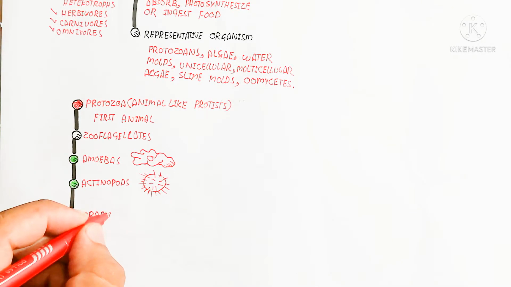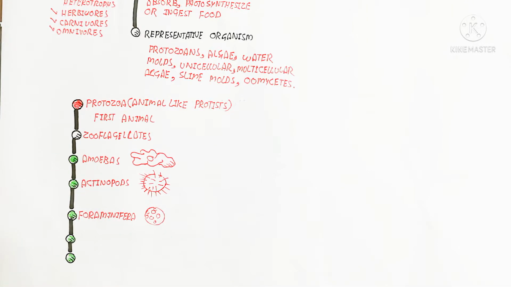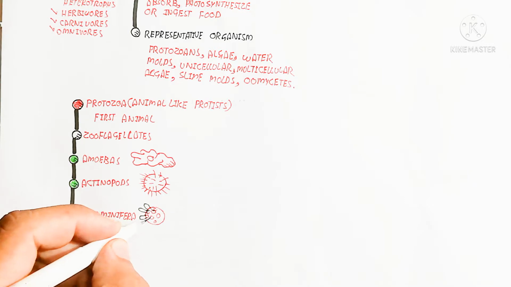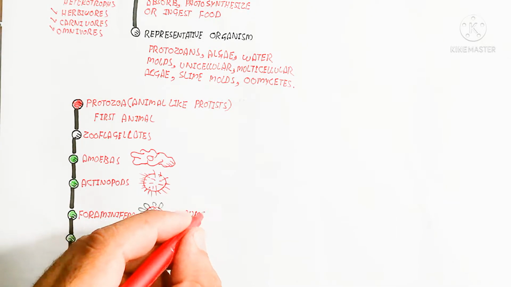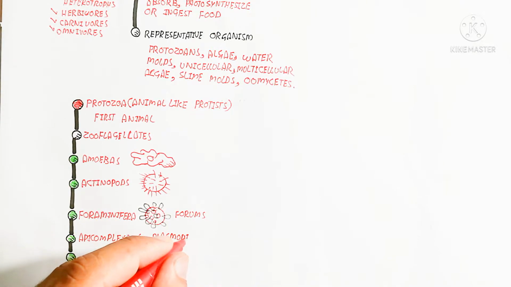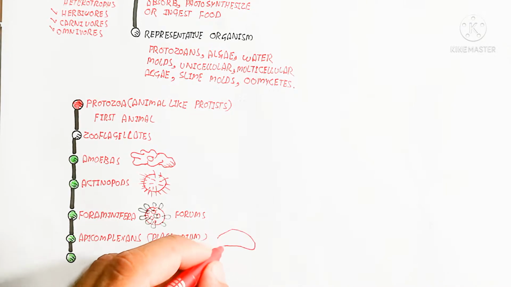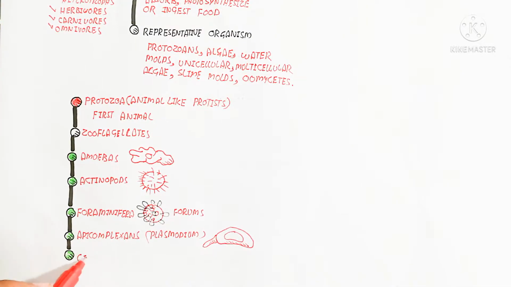Actinopods have filament-like projections arising from a calcium carbonate shell, which are cytoplasmic projections. The foraminifera, or forams, contain cytoplasmic projections looking like this. Apicomplexans include Plasmodium, which is a parasite. Ciliates include Paramecium, which contains cilia for movement.